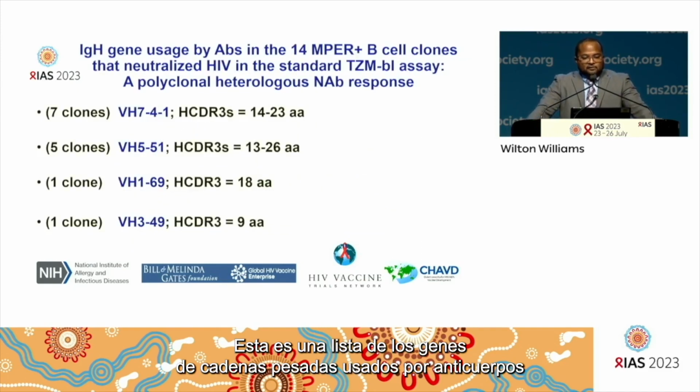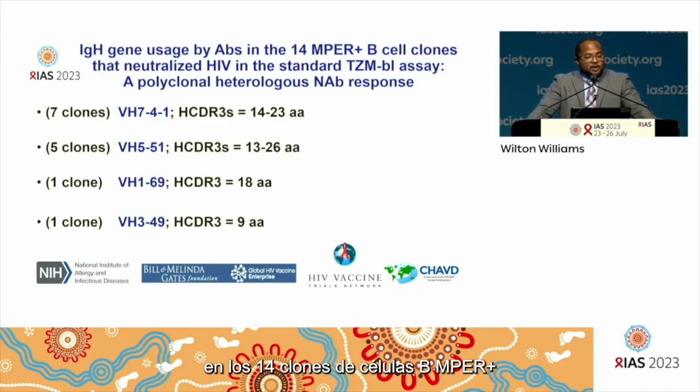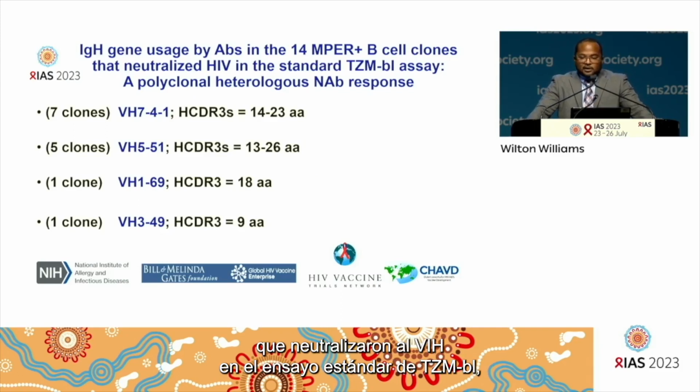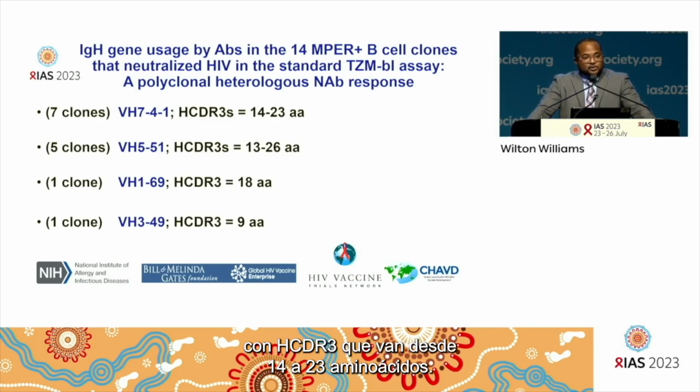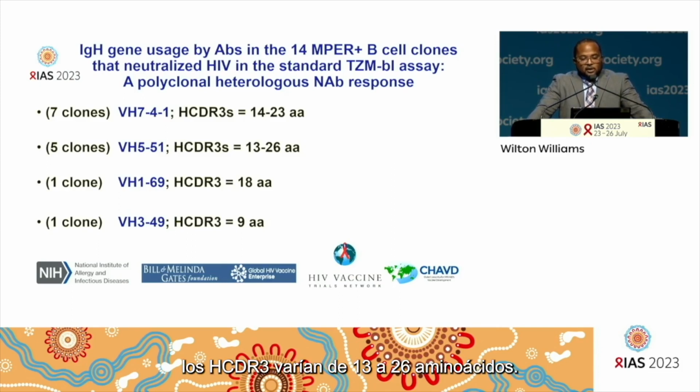This is a list of the heavy chain genes used by antibodies in the 14 EMPER-positive B-cell clones that neutralized HIV in the standard TZM-bl assay, which is indicative of a polyclonal heterologous neutralizing antibody response. There were 7 clones that used VH7-4-1 with HCDR3s ranging from 14 to 23 amino acids. 5 clones used VH5-51. HCDR3s ranged from 13 to 26 amino acids.